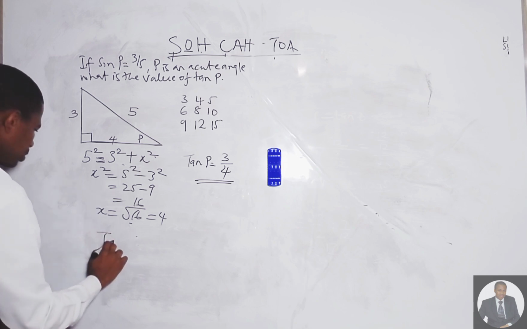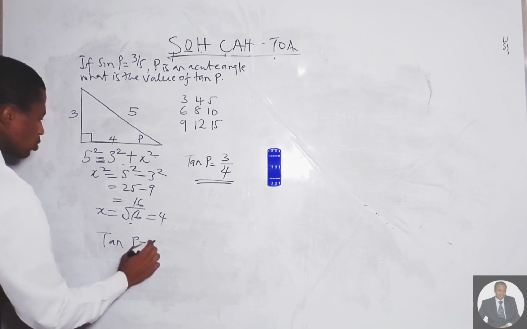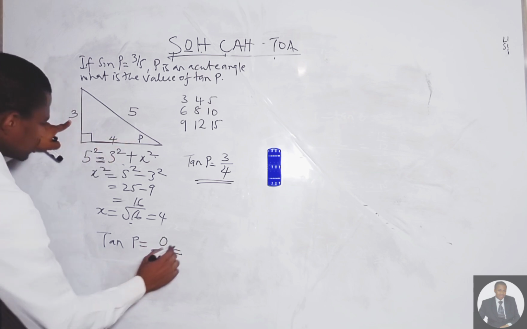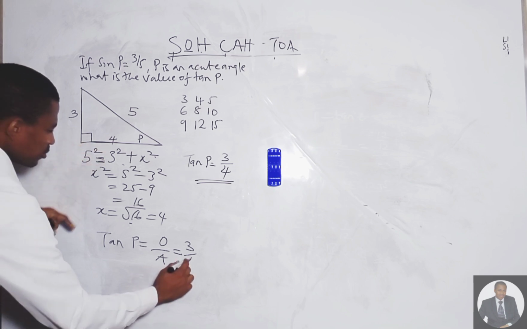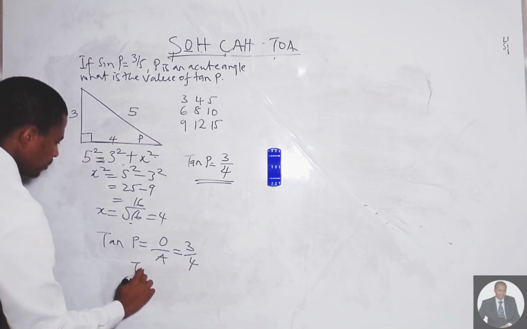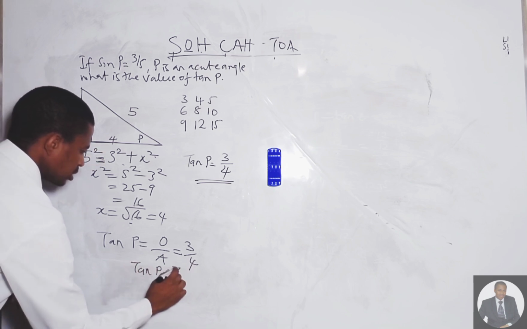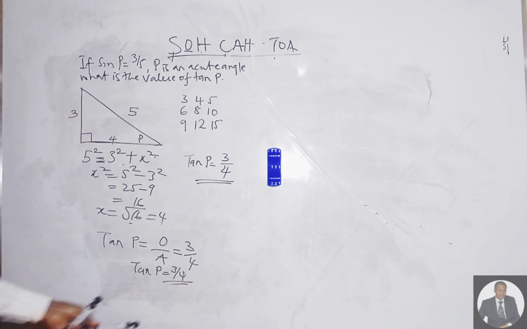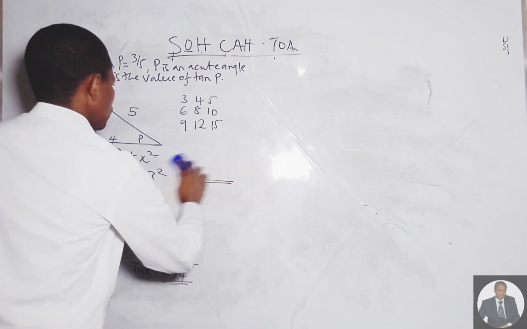Tan P equals opposite over adjacent. What's the opposite of P? 3. What's the adjacent of P? 4. So tan P equals 3 over 4.